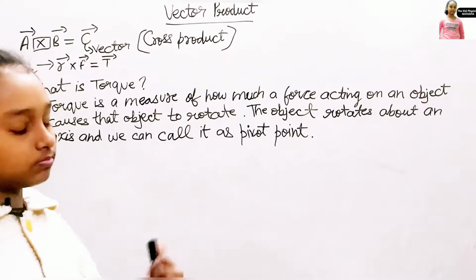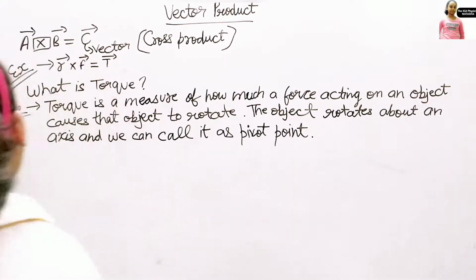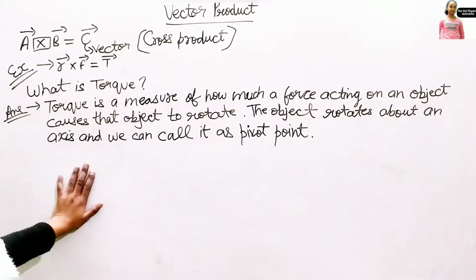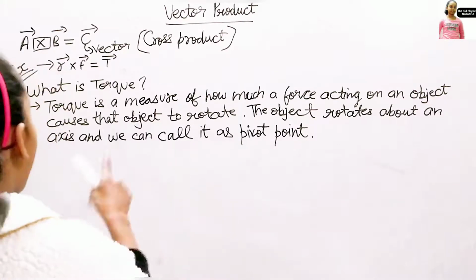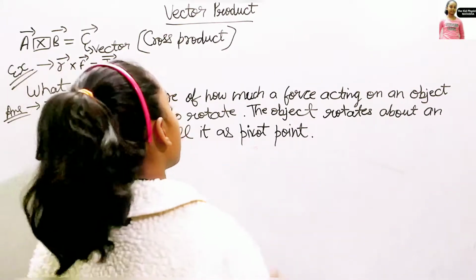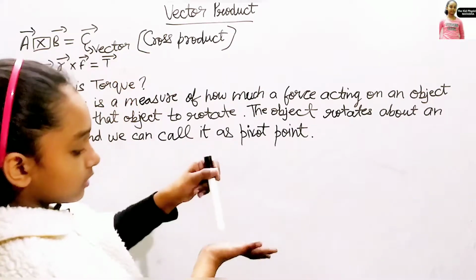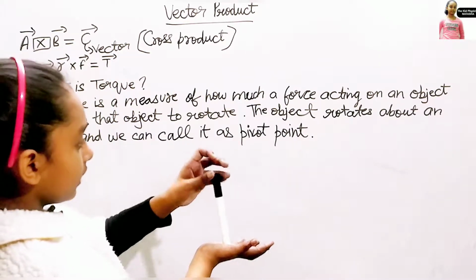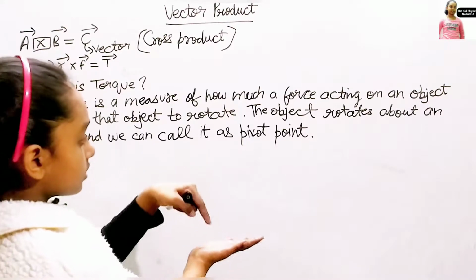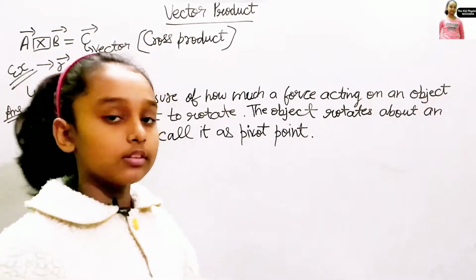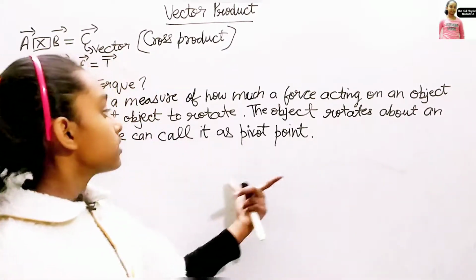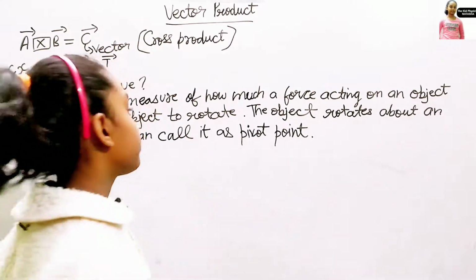So I hope you all have understood the meaning of torque. And what is pivot point? Pivot point is actually the axis on which the object is rotating. That axis will also be known as pivot point.